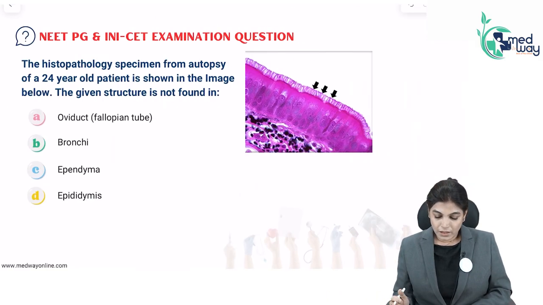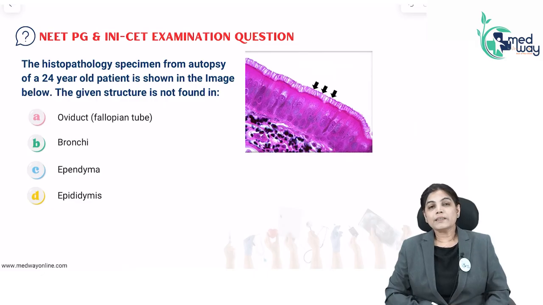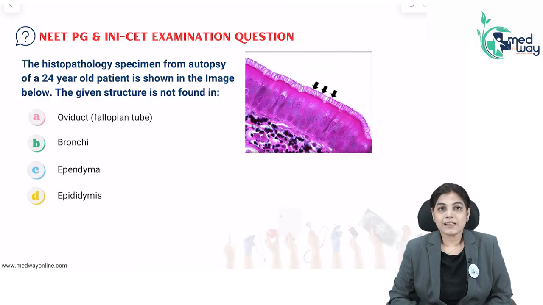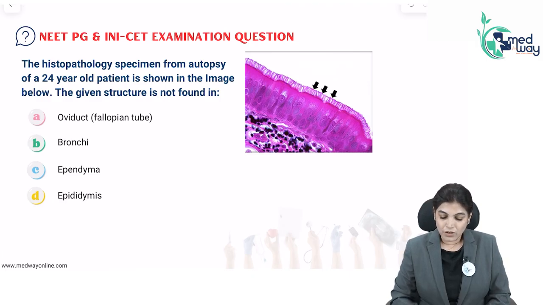Okay, now we have completed many of the slides and many of the important examples. I would like to incorporate them with previous year examination questions, that is of NEET PG and NCT examination. So this was exactly asked in a previous year's examination. The histopathological specimen taken from the autopsy of a 24-year-old patient is shown in the image below.